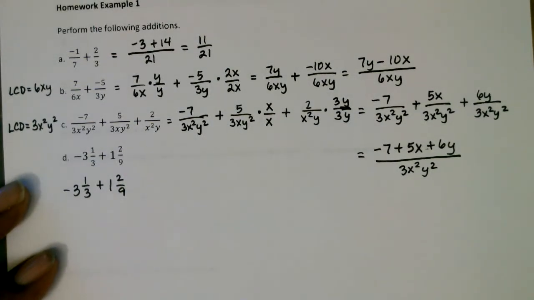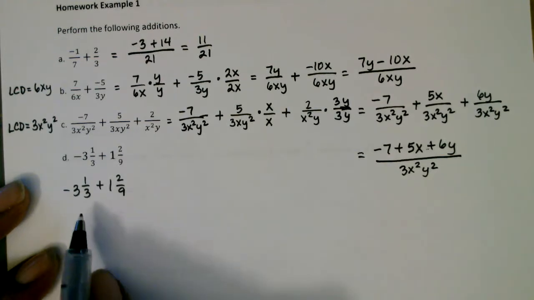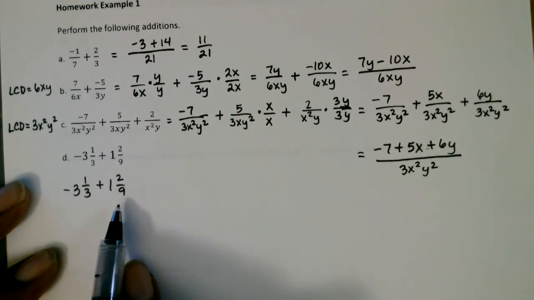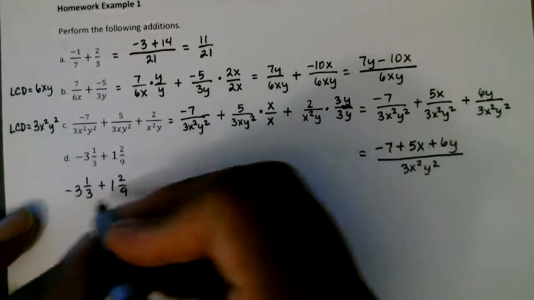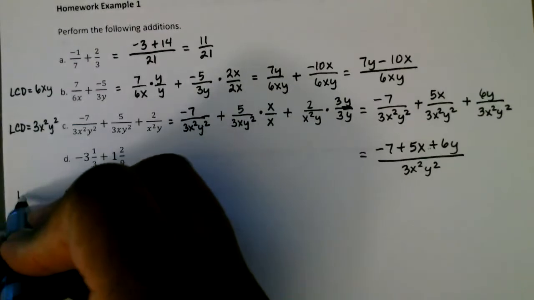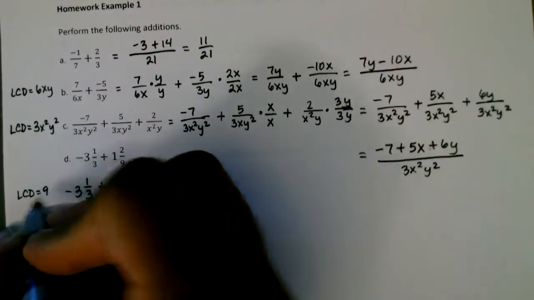In this case here, we're going to find the least common denominator for 3 and 9. And in this case, it will be 3. No, I'm sorry, it'll be 9. So the LCD is 9.